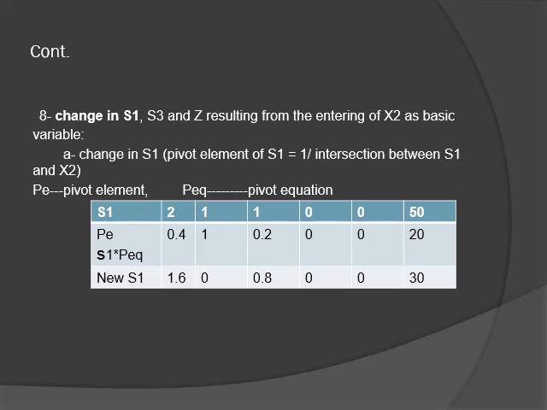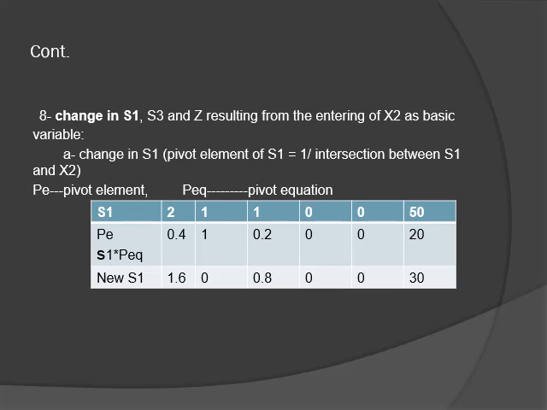The pivot element of S1 equals 1, the intersection between S1 and x2 as the entering variable. The pivot element of S1 is the element that intersects with the x2 column, which is determined as the entering variable.